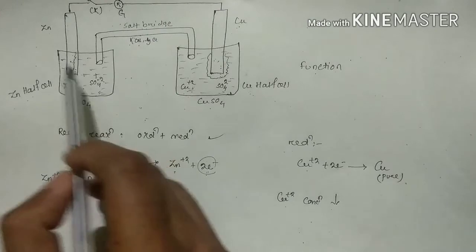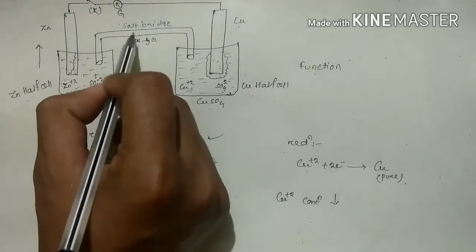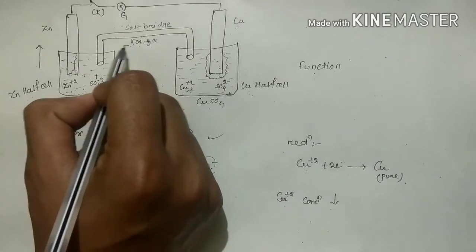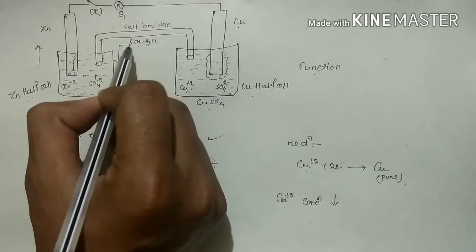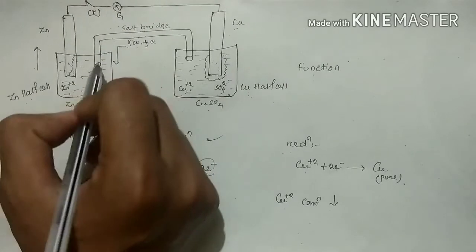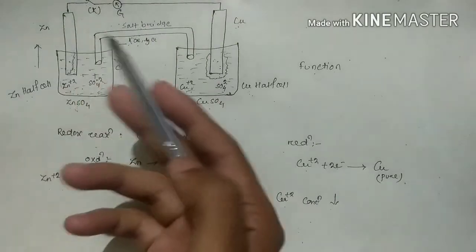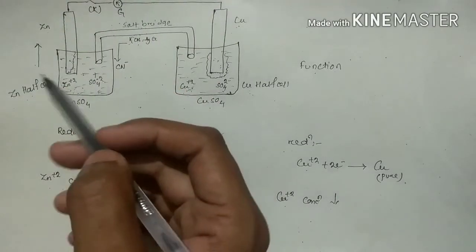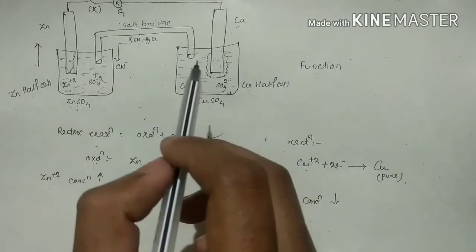It means when electrons are removed from the zinc half cell, the salt bridge will send negative ions. If the salt contains potassium chloride, it will send chloride ions, which help to neutralize this setup.